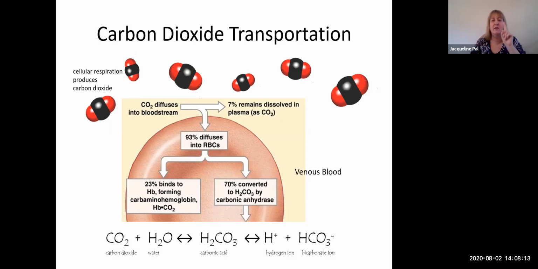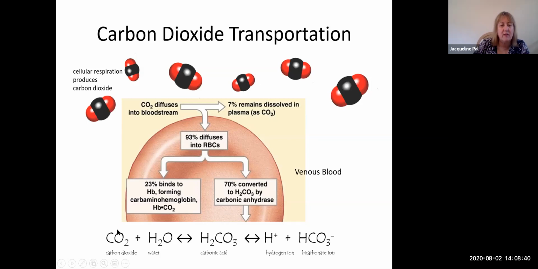And here is the one chemical equation you're going to have to learn this semester. So learn it now. Carbon dioxide, CO2, is going to bind with water. Why? Because water is everywhere, and so we will never run out of water in a normal red blood cell. When it binds, you need to add up how many H's and how many C's.